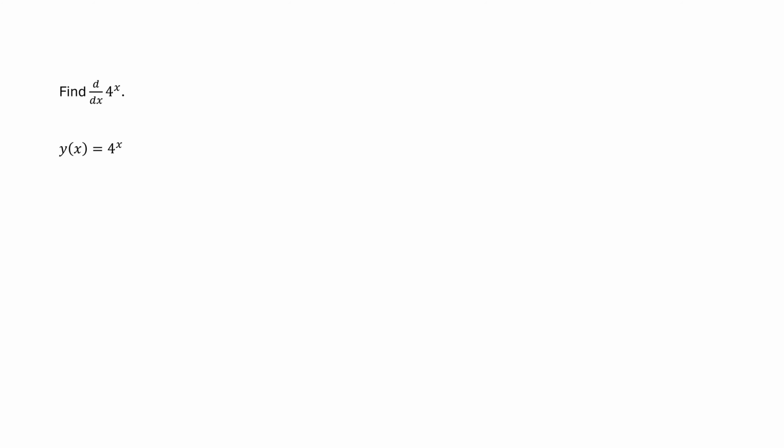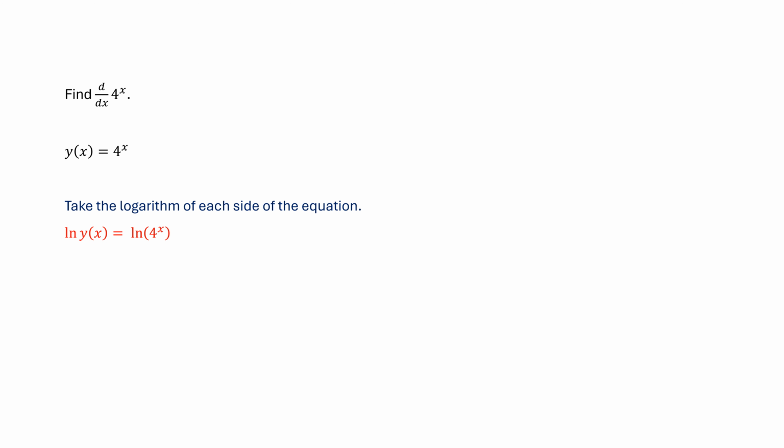Another use of logarithms is finding the derivative when x is in an exponent. Here we have find the derivative of 4 to the x power. So we'll let that equal y of x. Again, we take the logarithm of each side. The log of y of x equals the log of 4 to the x.